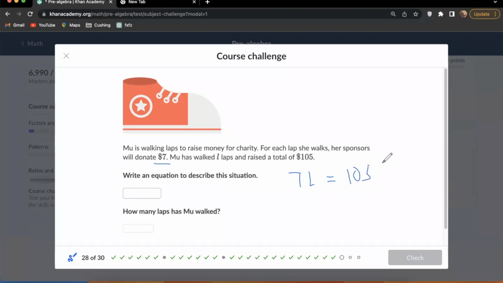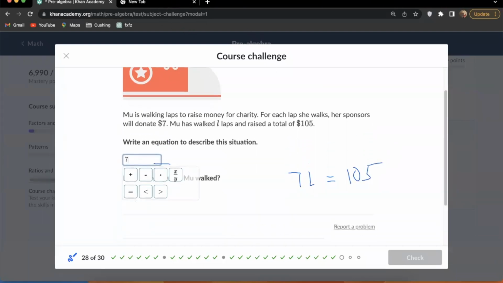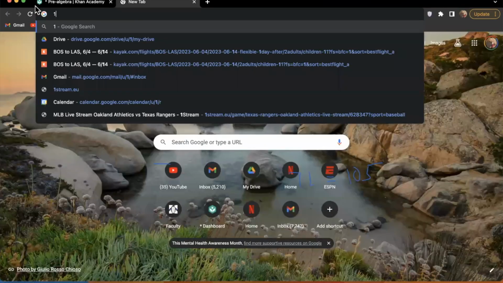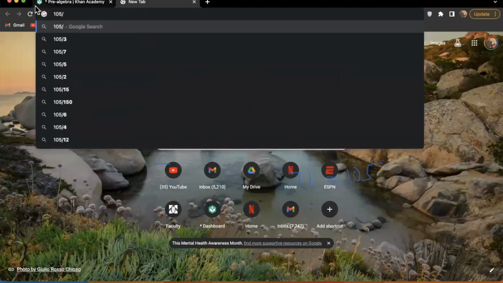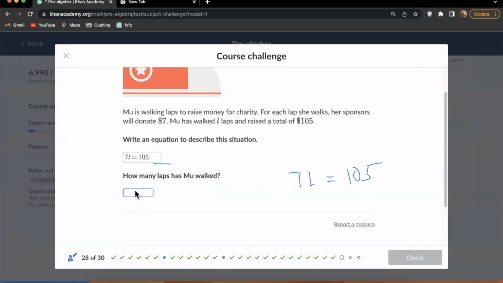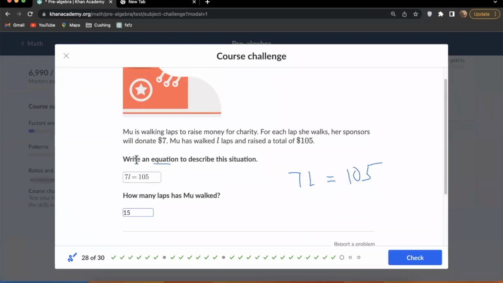So you've gotten 7 per lap and you've made 105. This will let you solve for L by dividing 105 by 7. So it's going to be 105 divided by 7, 15. So Mu has walked 15 laps, $7 per lap, total of $105.